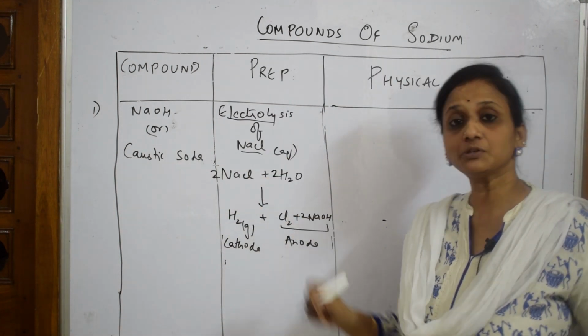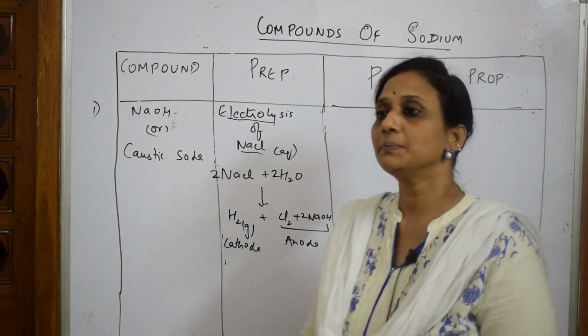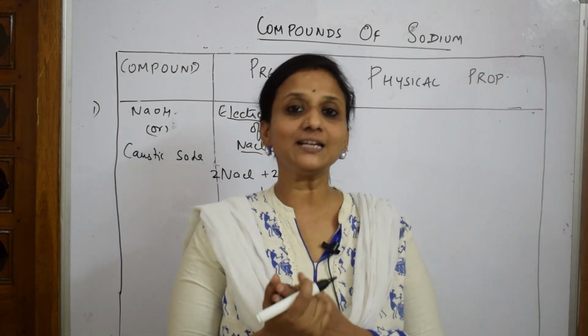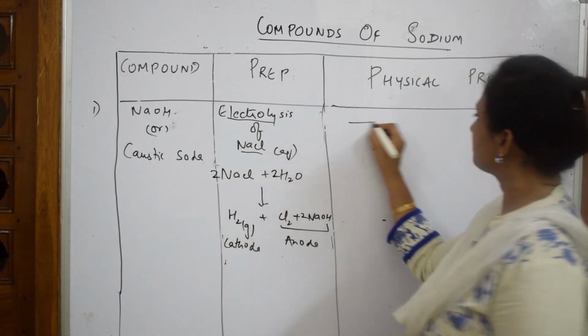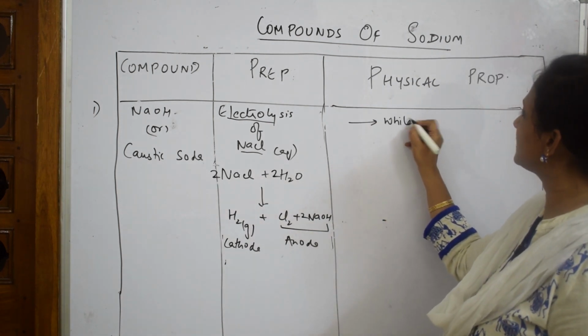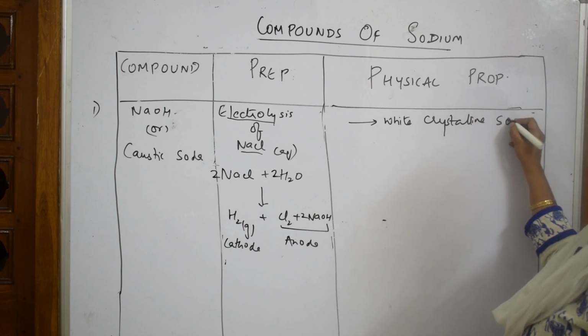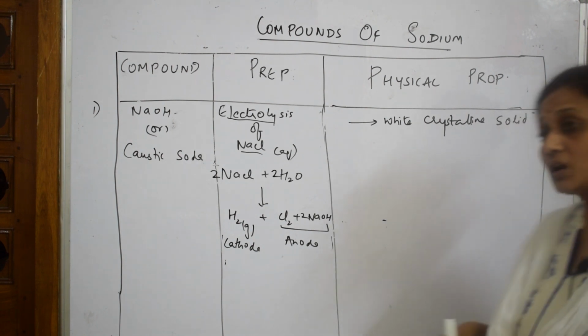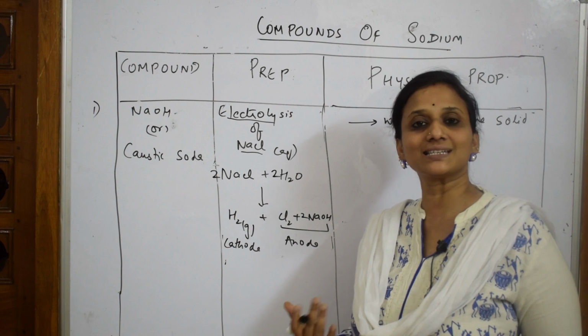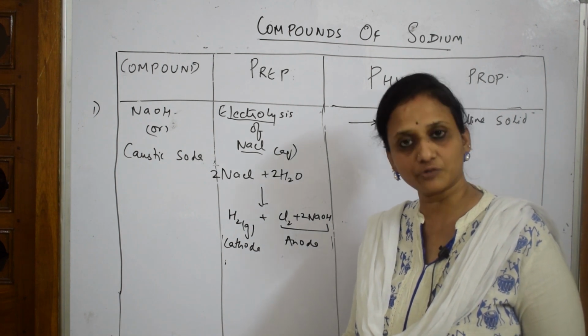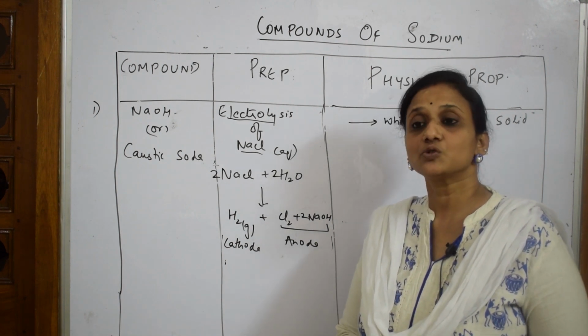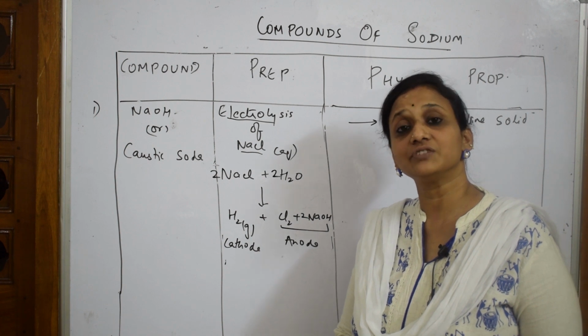Now when I have to speak about the properties of sodium hydroxide, basically sodium hydroxide crystals are white crystals, right? So let me write the physical property: they are white crystalline solids. Whenever I say crystal, we are going to speak in terms of water of crystallization. So these sodium hydroxide crystals are deliquescent in nature.